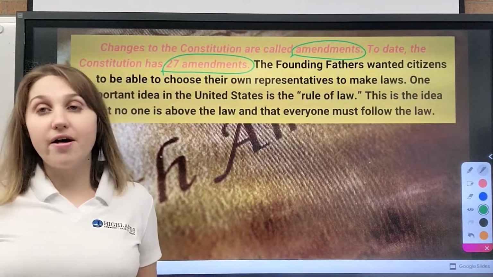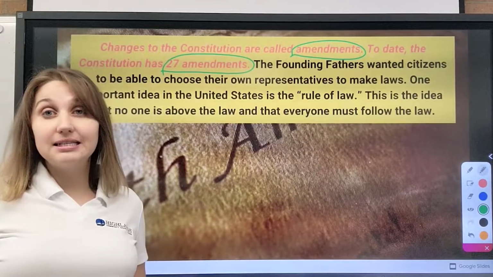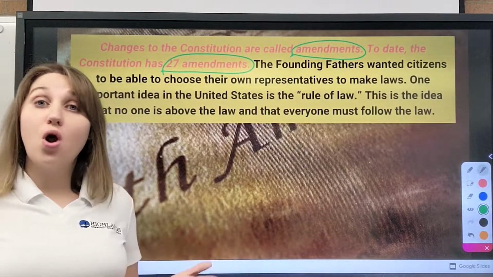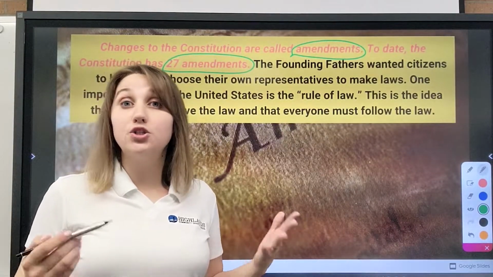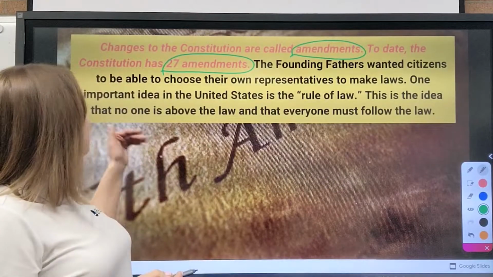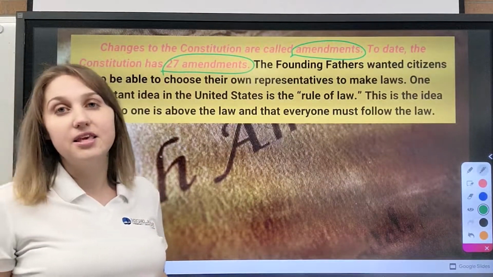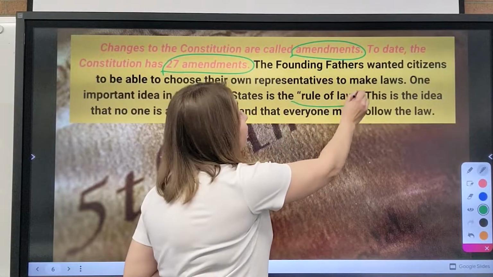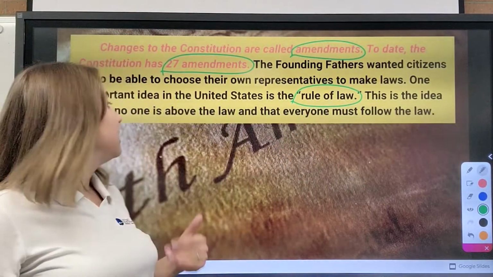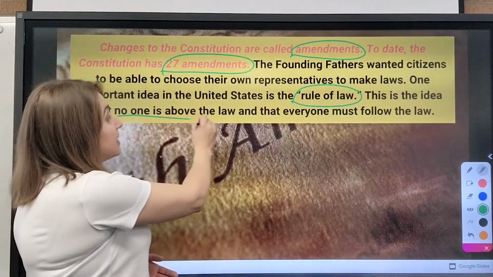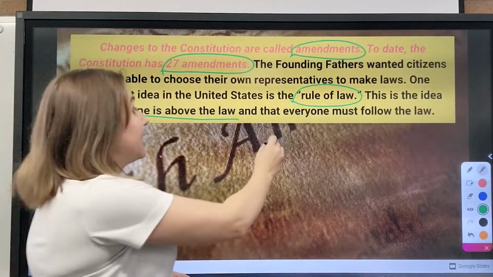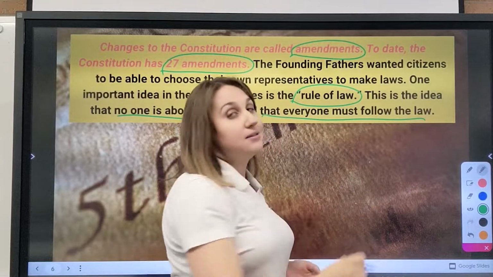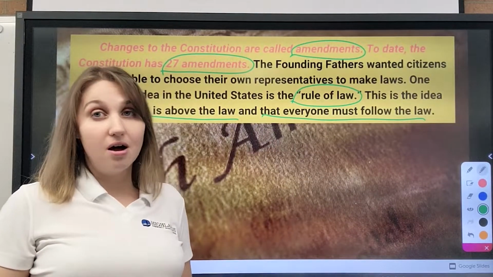The founding fathers wanted citizens to be able to choose their own representatives in order to make laws. One important idea in the United States is called the rule of law. That means that no one is above the law and everyone must follow the law.